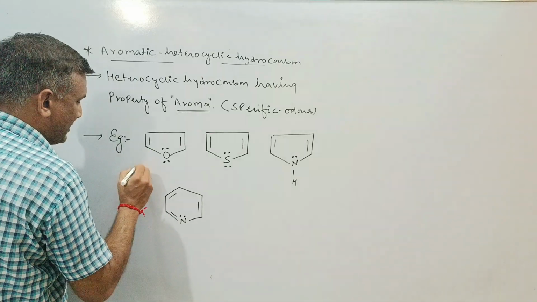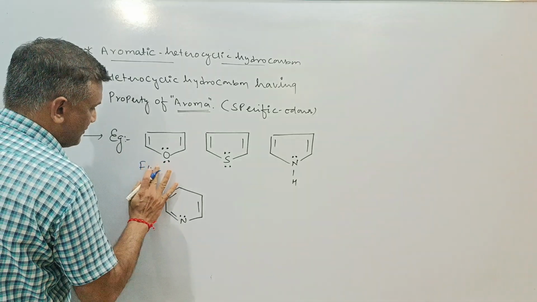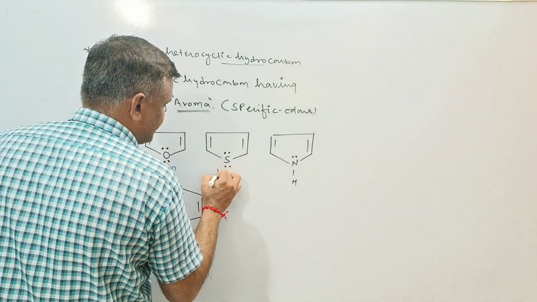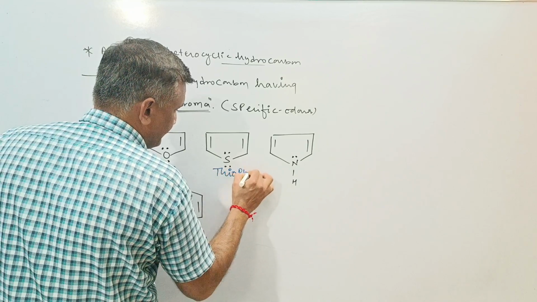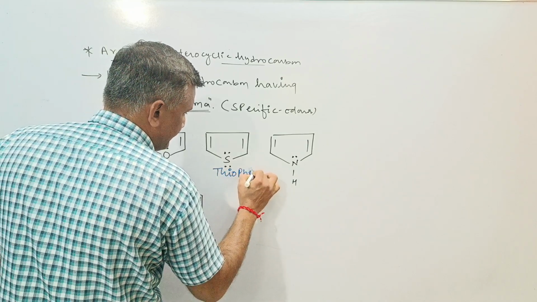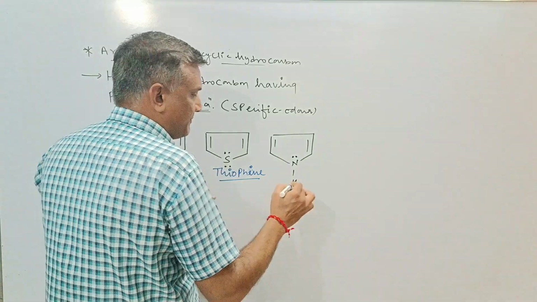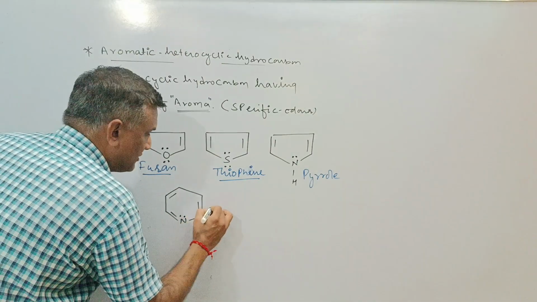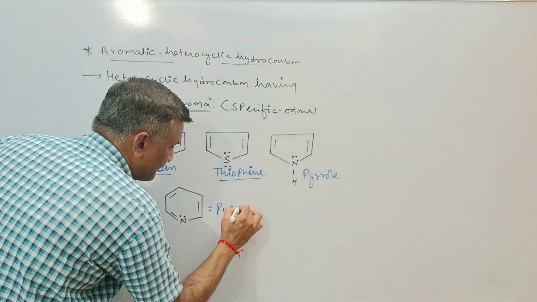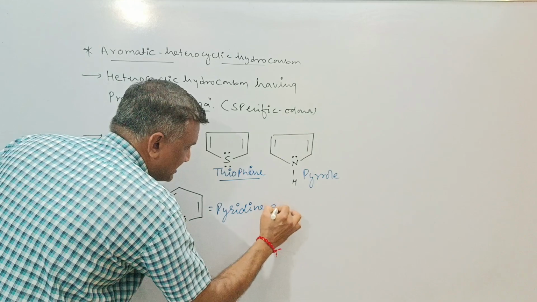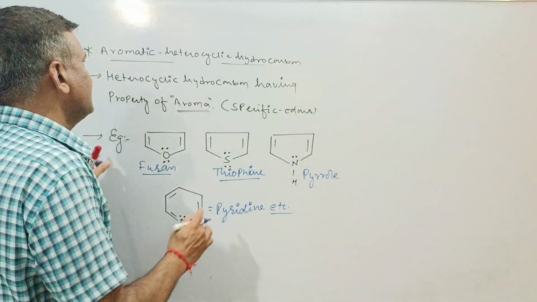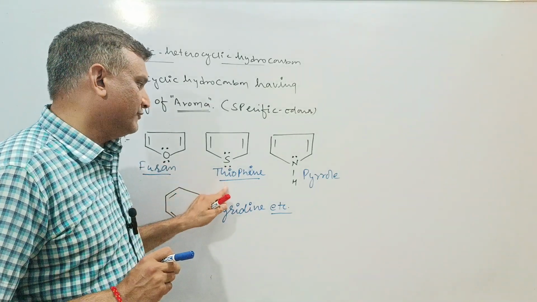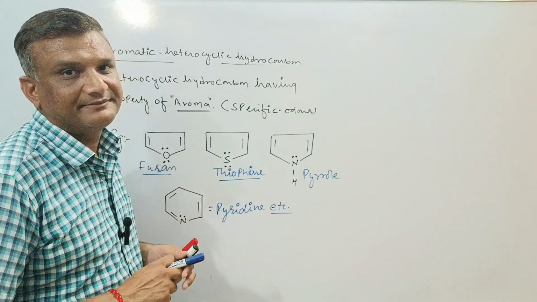This is known as furan, this one with sulfur is thiophene, this is pyrrole, and this is pyridine. So furan, thiophene, pyrrole and pyridine are examples of aromatic heterocyclic hydrocarbons.